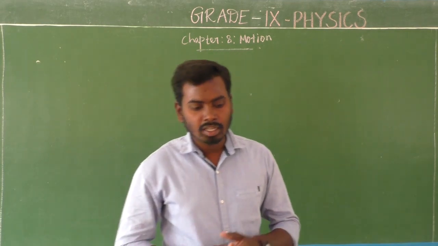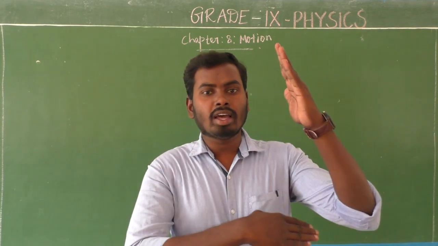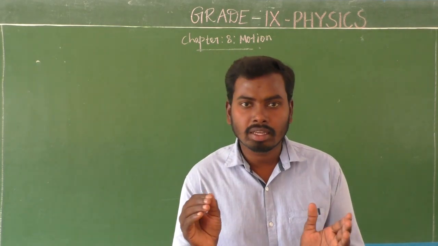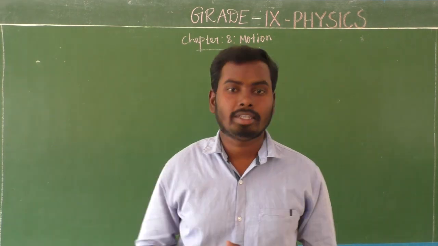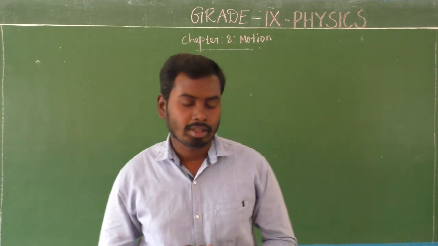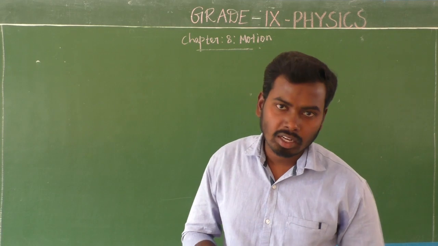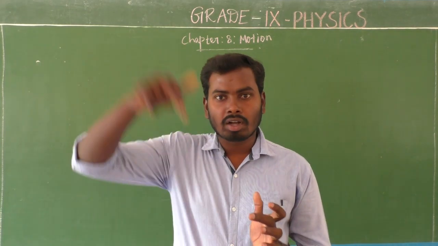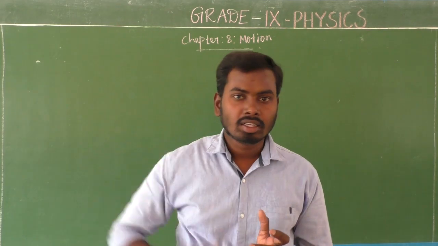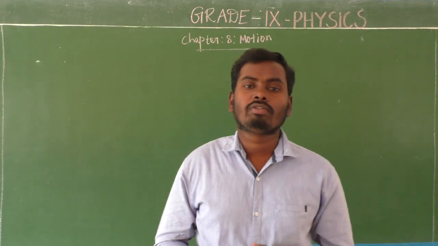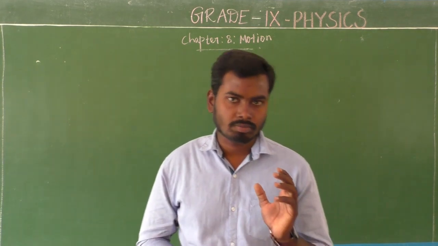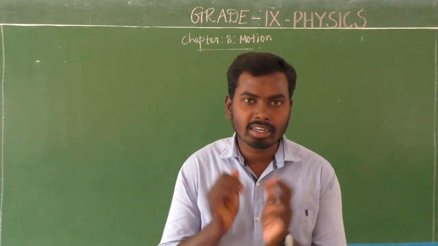Then if the straight line is inclined to the x-axis, which means the time axis, we can say the object has uniform speed. Is it clear? Yes. Then the last one: in the distance time graph, if there is a curved path, which means a curved line, the object has non-uniform speed. So these three questions are very, very important in the distance time graph.